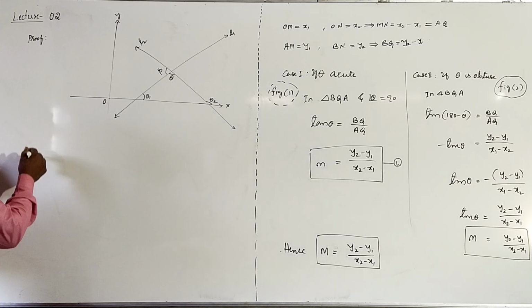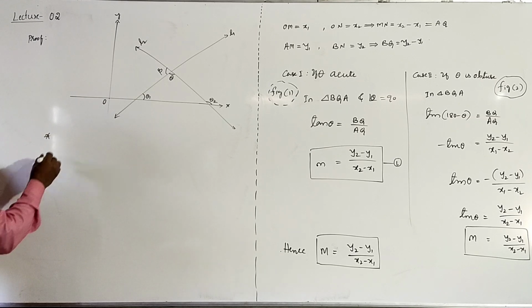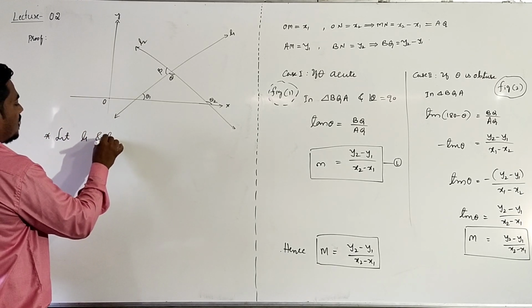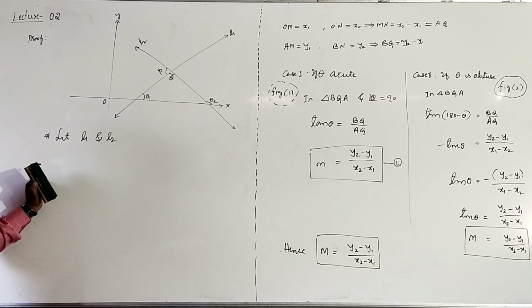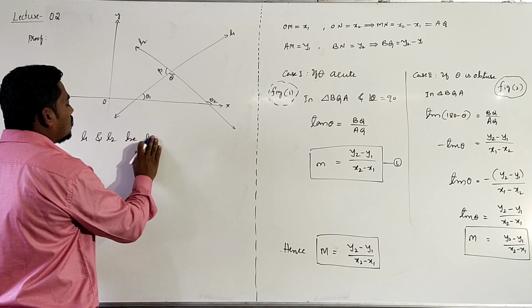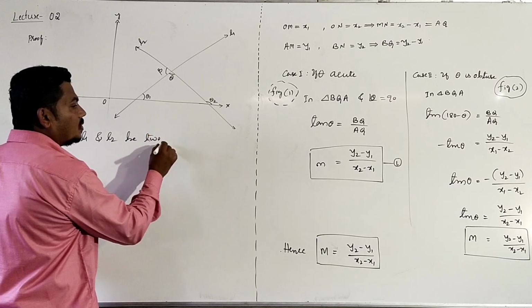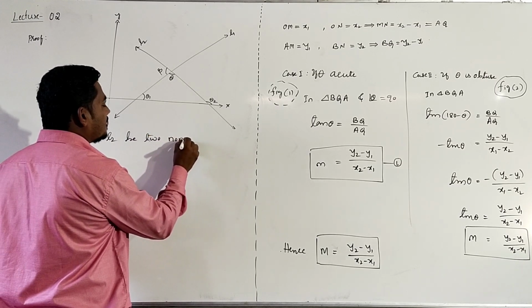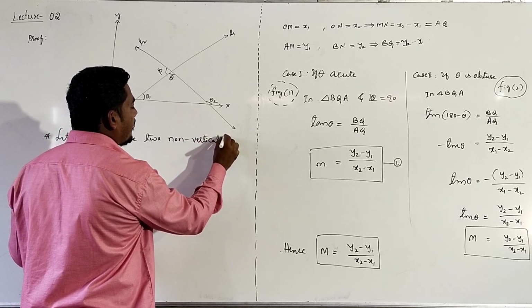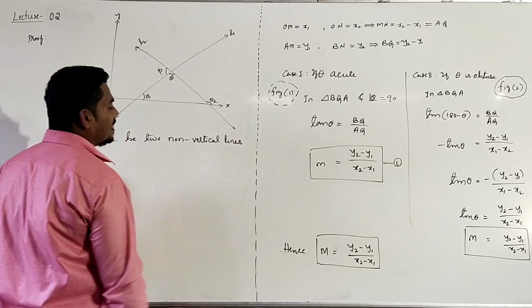Just write some points, means explanation. Let L1 and L2 be two non-vertical lines. Lines means straight lines only.